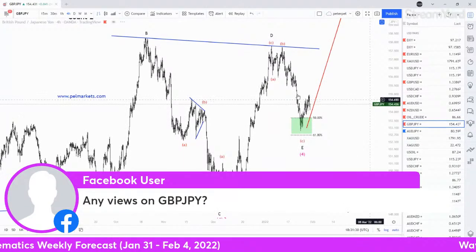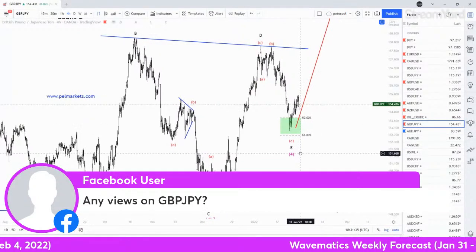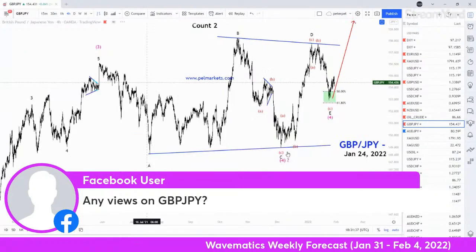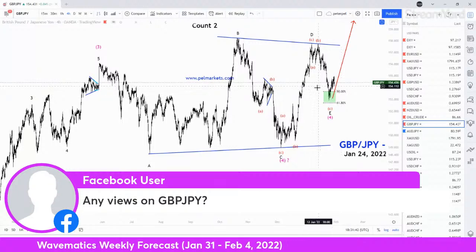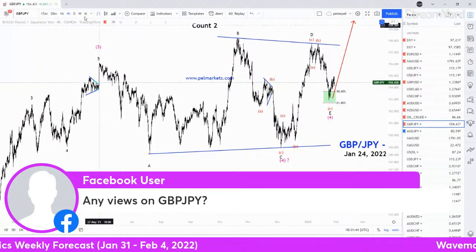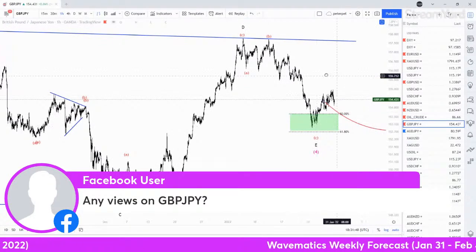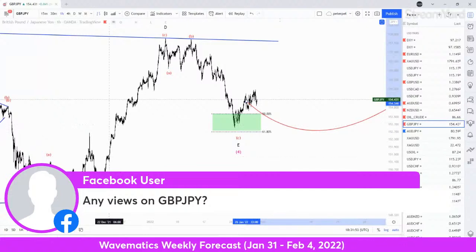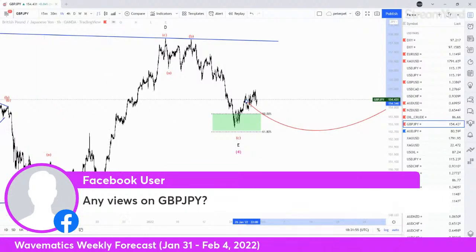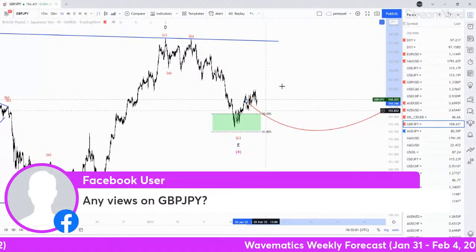So now we are tracking this as a wave 4 correction of an ABCDE for a triangle, and now we are inside this particular fib zone. But I don't like the way price is moving. Price is moving in a form of a corrective wave in this particular scenario, so we are anticipating price to move to the upside.